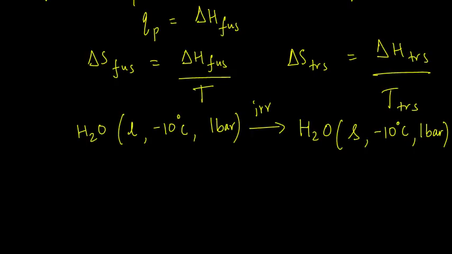And in most of the questions, you have to determine what the reversible path is. So in this case, I have to first construct a reversible path. It doesn't matter which path I take, the change in entropy is going to be the same. So I might as well construct a reversible path and find my value of delta S. So how do I go about this one? Increase the temperature, right? So water which I have supercooled down to minus 10 can be heated up and brought to 0 degrees Celsius reversibly.